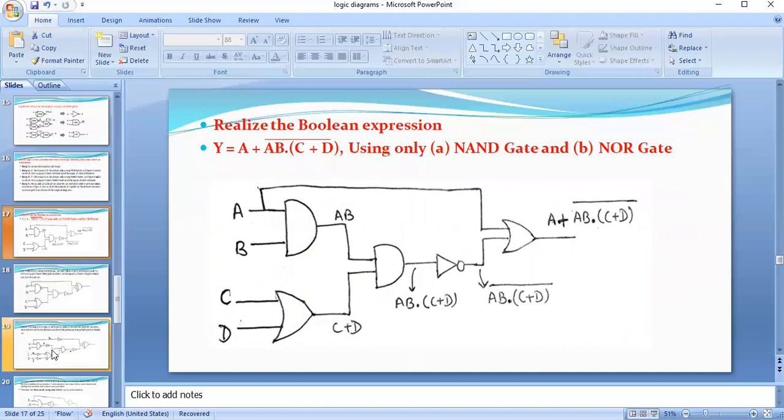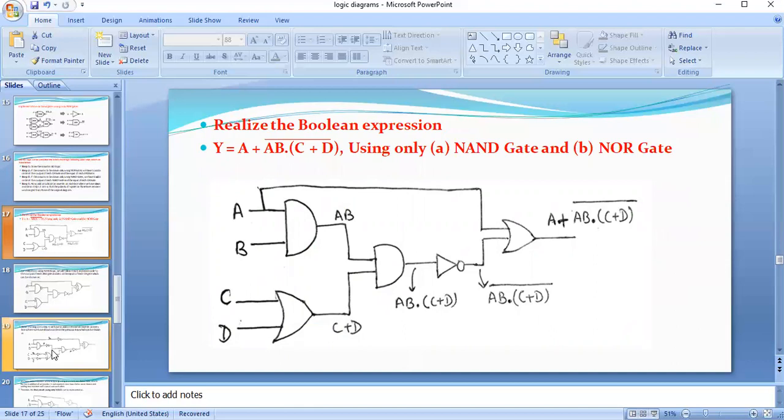I'm taking an example to explain how we convert an AOI logic into NAND logic or NOR logic. I'm taking one Boolean expression: Y is equal to (A plus AB) dot (C plus D) whole bar.